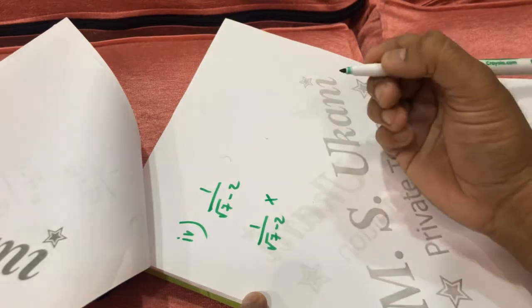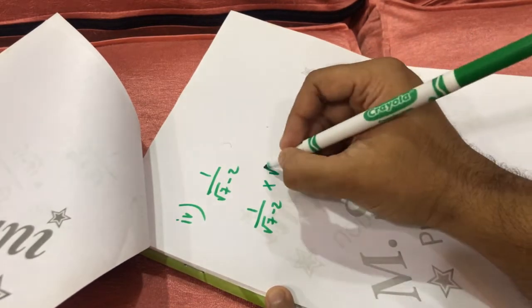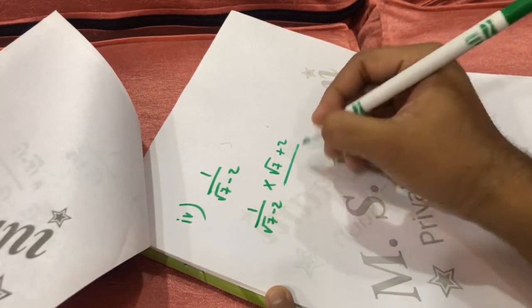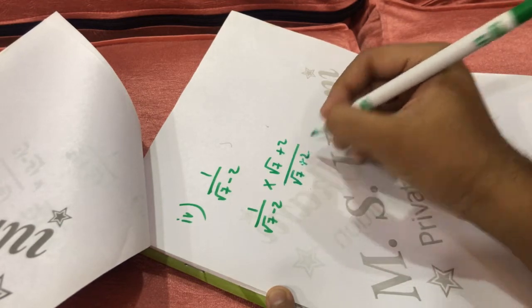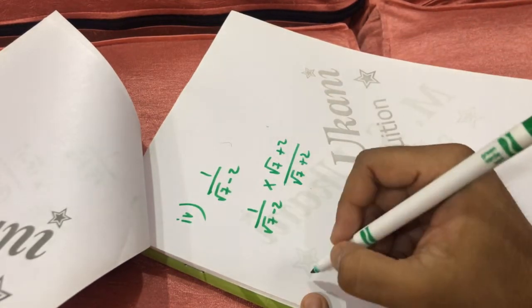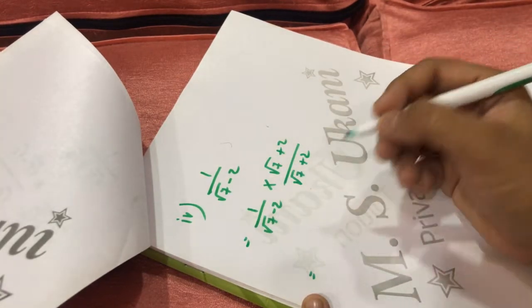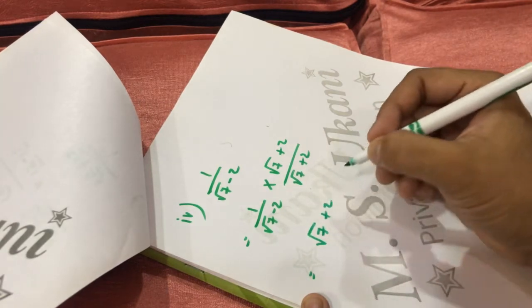So here we will put the multiplication sign and multiply the whole denominator with opposite sign. Now next step, 1 multiplied by root 7 plus 2, that is the same, root 7 plus 2.